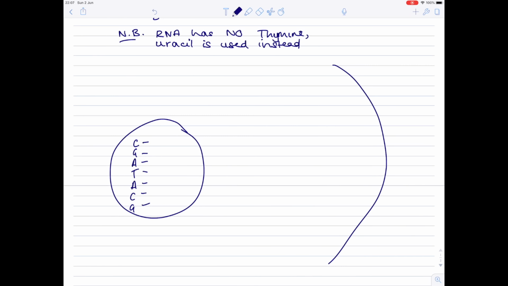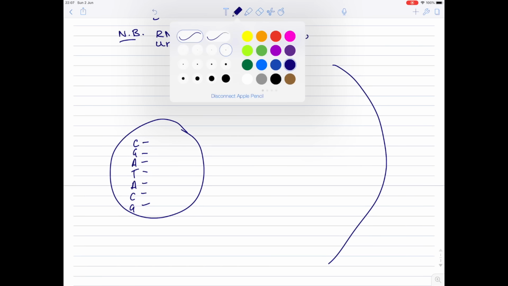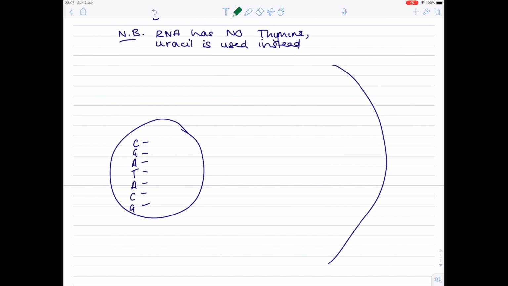Now the mRNA bases floating around inside the nucleus, they come and pair up, and so what the base pairing rules would consist of is C binding to G, G binding to C, and instead of A binding to T, as would be the case in DNA, instead it's replaced with U. T binds to A as usual, A binds to U again, C binds to G, and G binds to C. So this here is your single-stranded mRNA. And to be honest, once that mRNA has been formed, it needs to leave the nucleus.